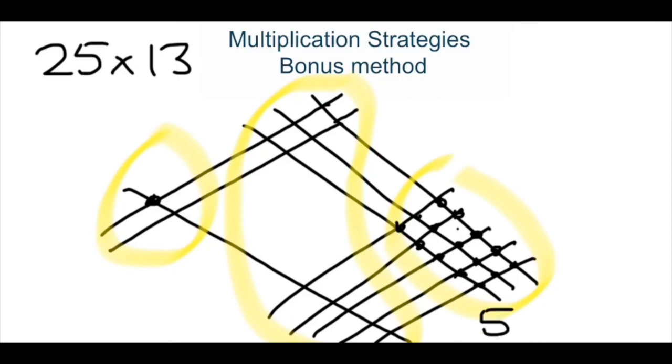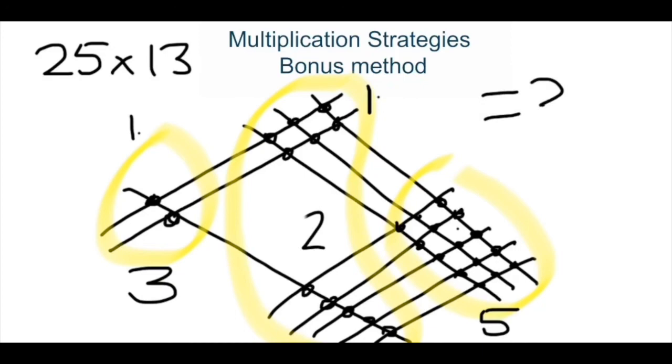So I have 15 intersections here. So I carry the 1. In the middle, I have 1, 2, 3, 4, 5, 6, 7, 8, 9, 10, 11, plus the 1 gives me 12 intersections in the middle, and remembering to carry our 1. And in the last one, I have 2 intersections plus our extra 1, which gives us 3. And again, we get our 325. So it's a pretty cool way to count our dots.